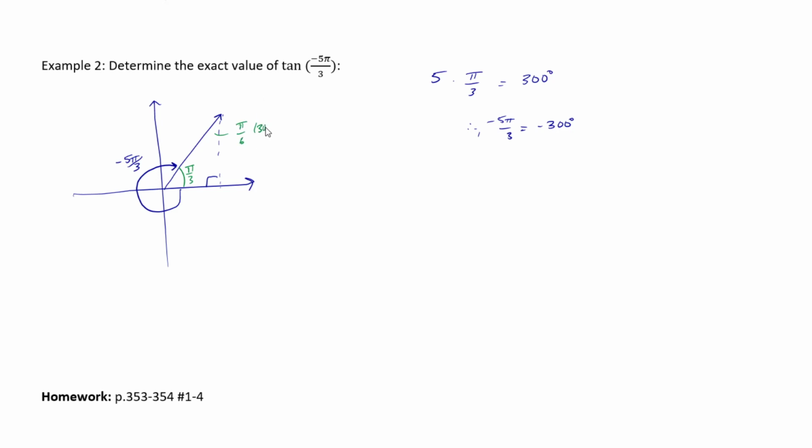And that's your 30 degrees, that's your 60 degrees, so that's a 30, 60, 90 triangle, which means that this is root 3, that is 1, and that is 2. So tan of negative 5 pi over 3 is equal to y over x. Y in this case is root 3, x in this case is 1, so that's simply equal to root 3.